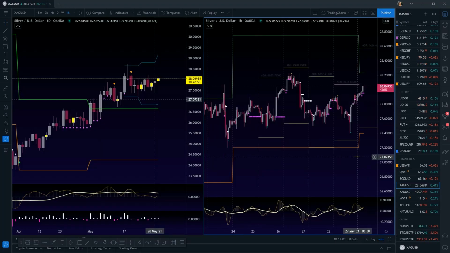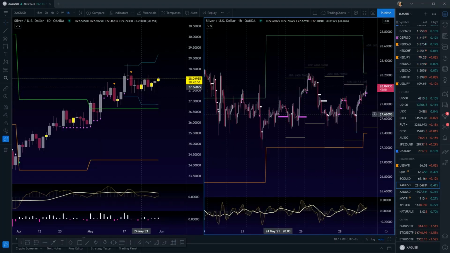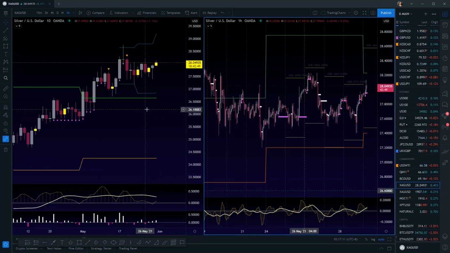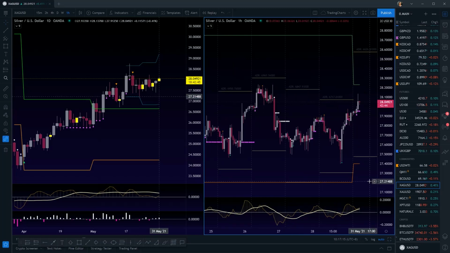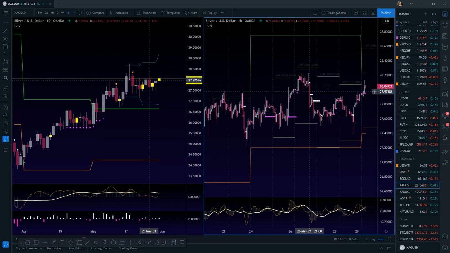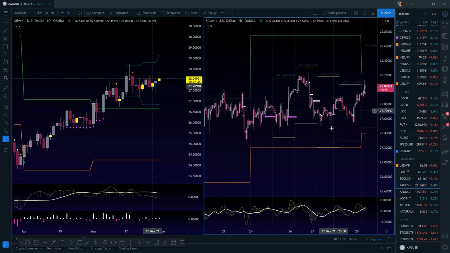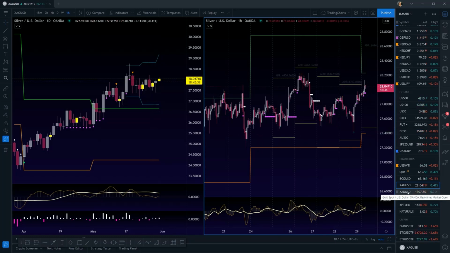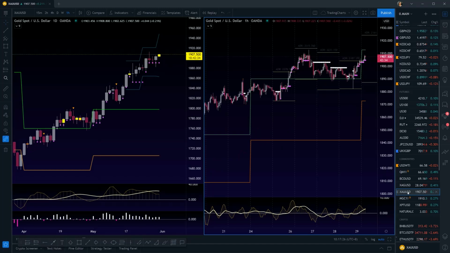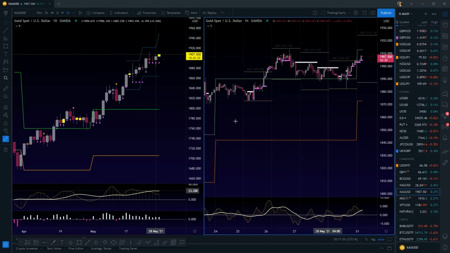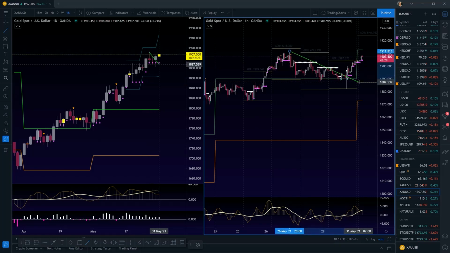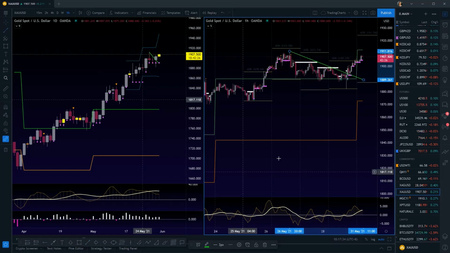Silver. Bit choppy, so I don't want to trade this. You can see this high here, lower high, then we go low, low. So it's just not very clear direction. Gold. Gold has this.